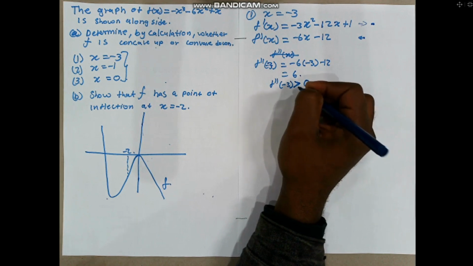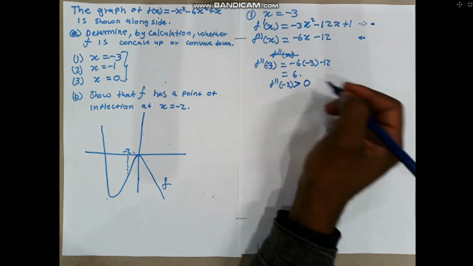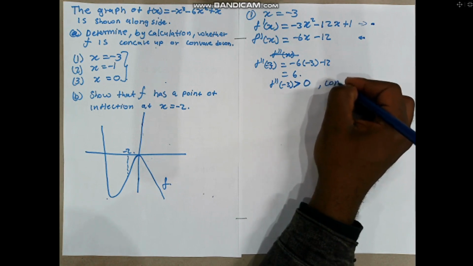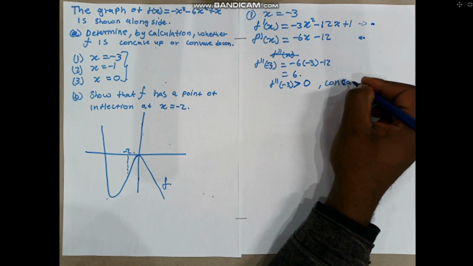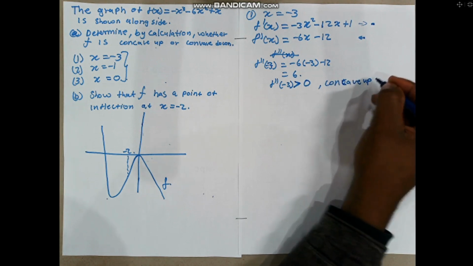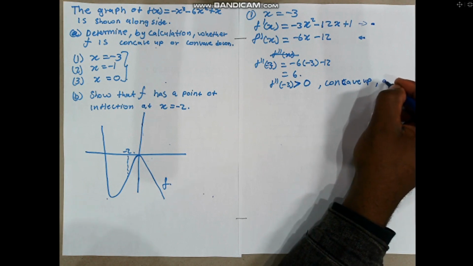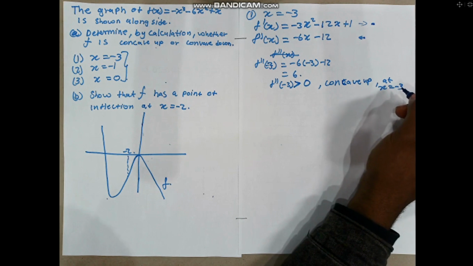If it's greater than 0, then our function is concave up. So our function is concave up at x is equal to -3.